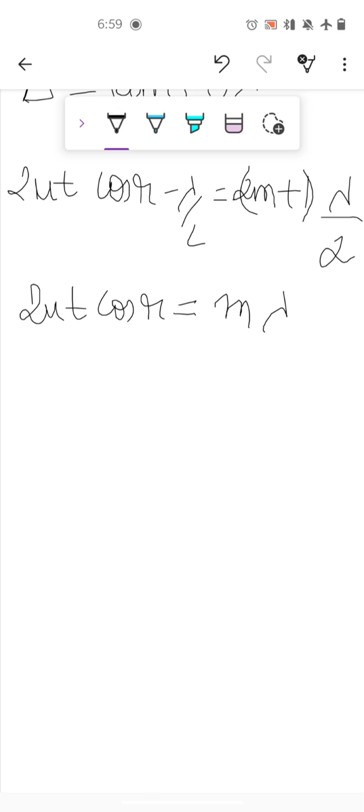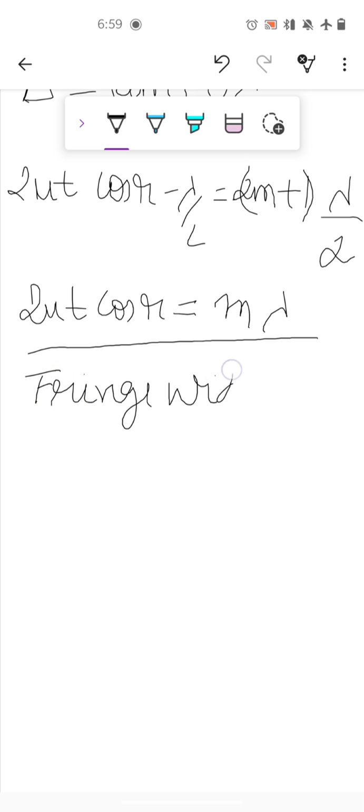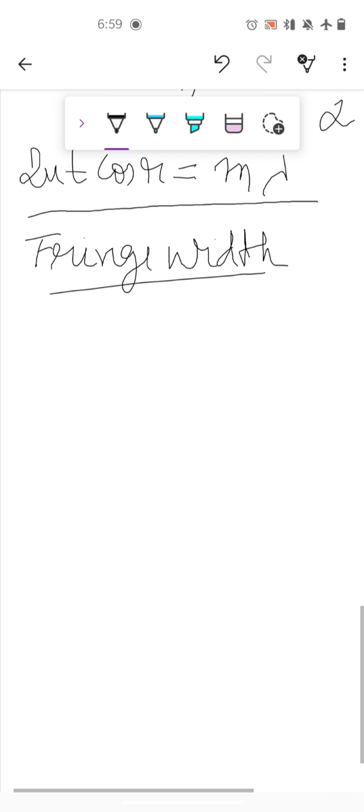Okay, so now what we have to calculate from all these results is the fringe width. If the object of your experiment is to calculate the fringe width, or tell the difference between two consecutive dark fringes or two consecutive bright fringes, we'll take the condition of minima to calculate the fringe width.